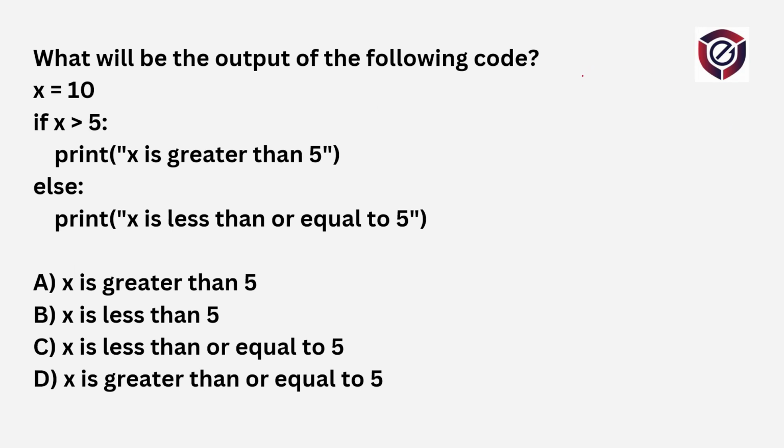Whenever we have such an if else block, you need to check if x is greater than 5, whether this condition is true or false. x is 10, so 10 is greater than 5. So this particular print statement will be executed, that is, x is greater than 5. x in the sense 10 here. So the correct option is x is greater than 5, which is option A. Option A is printed.